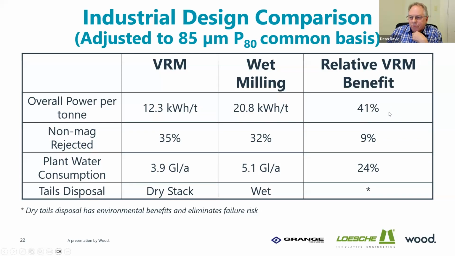So that's a 41% benefit. The non-mags are 35% rejected versus 32. That's a 9% benefit. The water consumption had a 24% benefit to the VRM circuit. And tailings disposal could all go to a dry stack without filtration, whereas the tails are wet from the wet milling, and you would have to filter and do various things to get them into a tailings arrangement.